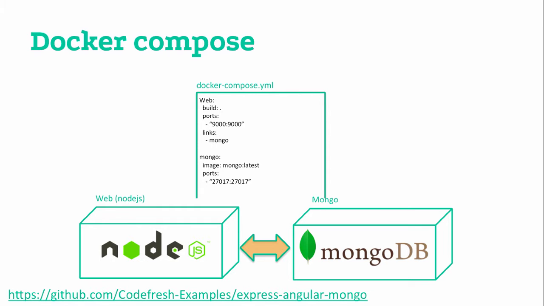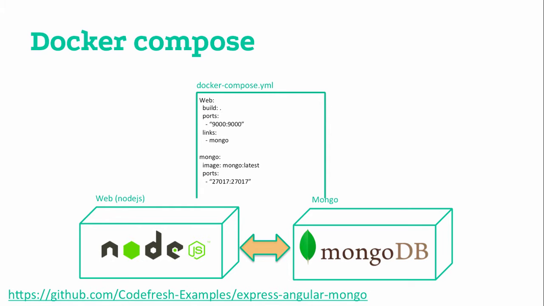This Docker Compose YAML file helps us in modeling our application, defining all the microservices, all the components of our application, and the links between them. And once we define and model our application in a Docker Compose YAML file, by simply running docker-compose up, we can spin up this composition and have it up and running.